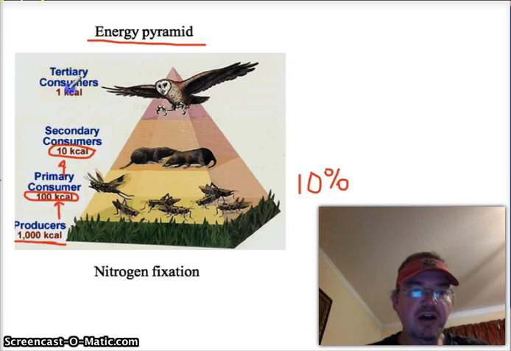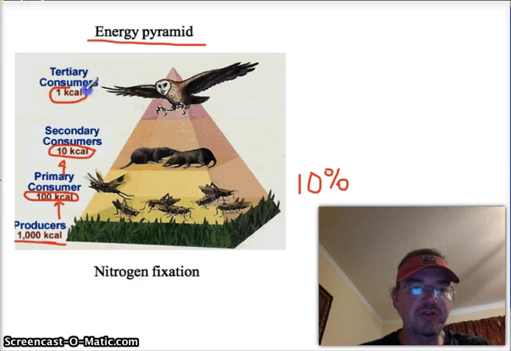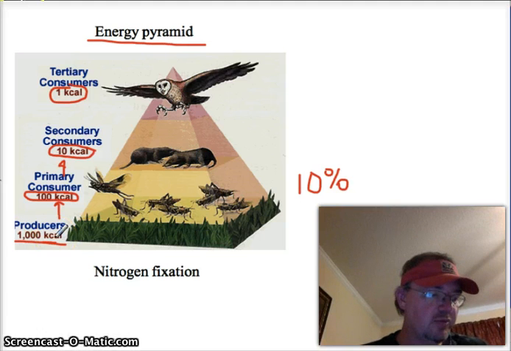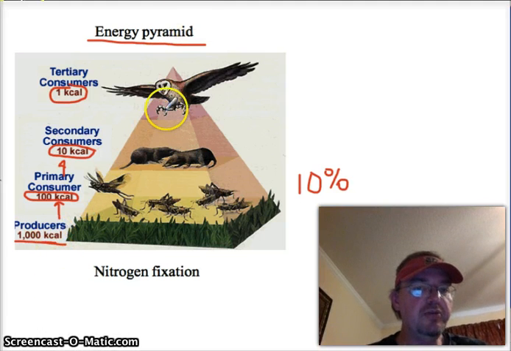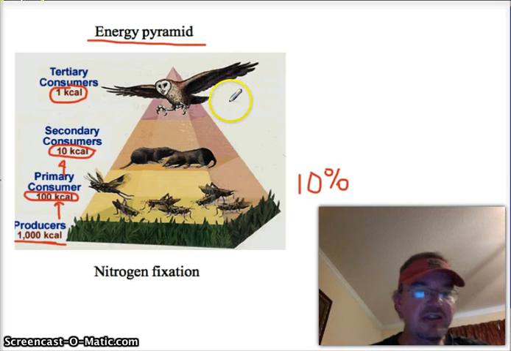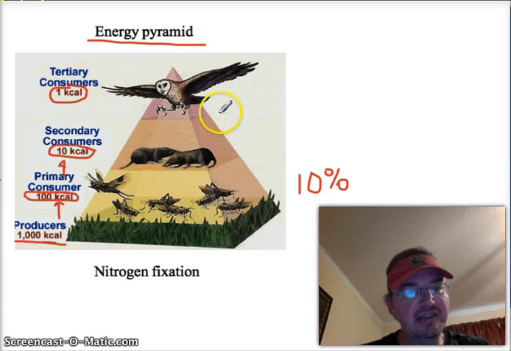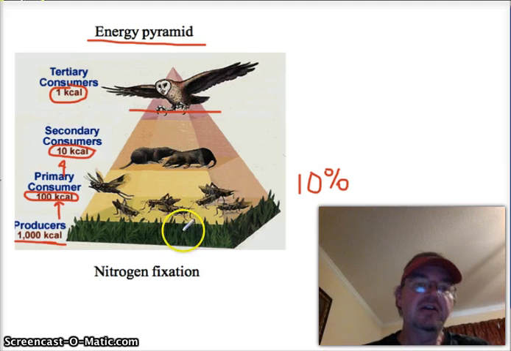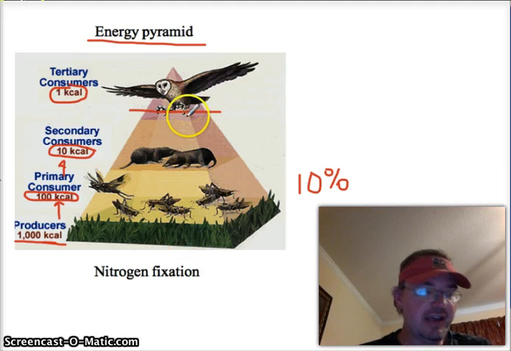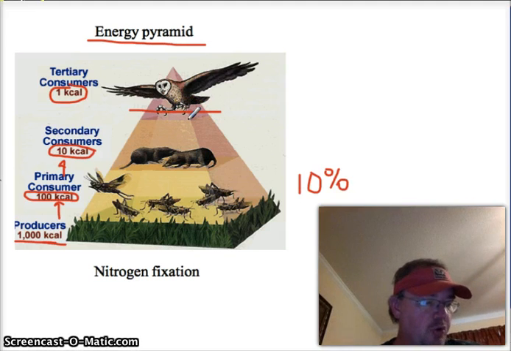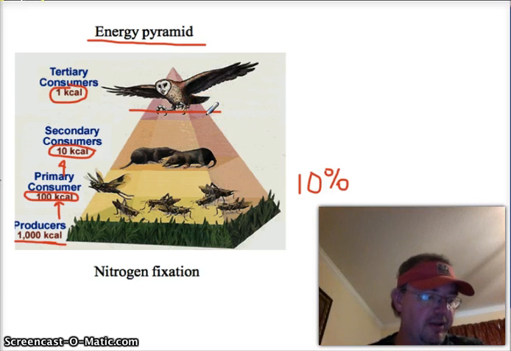And then you have the top of this pyramid, which is the owl, which gets only 1 kilocalorie of all the 1,000 that was consumed. The higher up you go up food webs and food chains, the less energy that is gotten. So it kind of makes sense that these things on top of the food chain will eat more to get more of that energy. So they have to, I guess, kind of work harder. And what that does, it kind of ensures fewer species at the top of the pyramid.